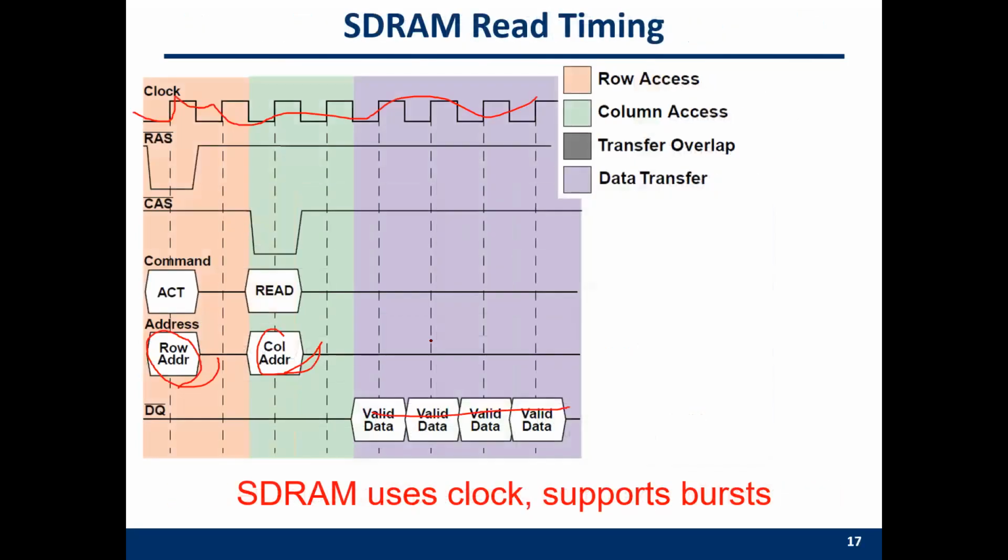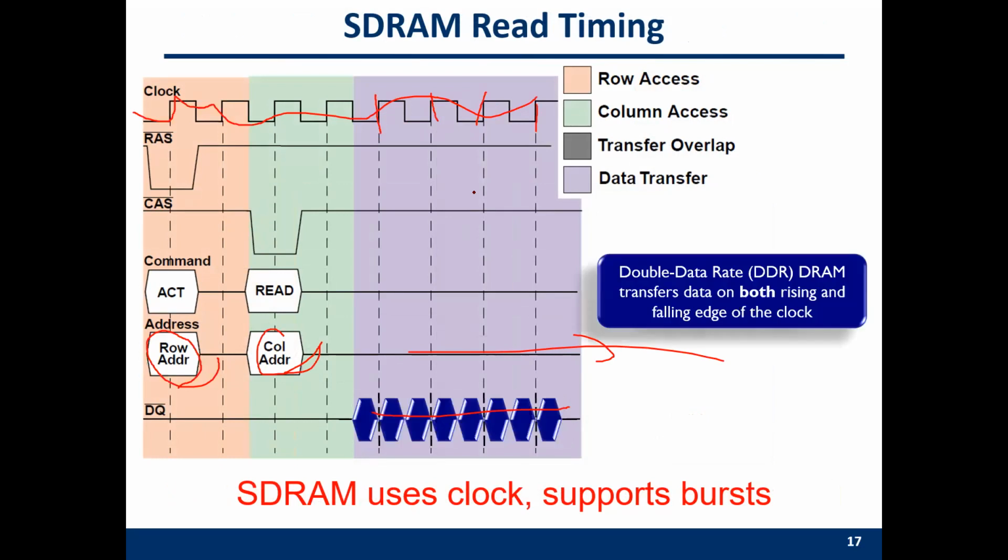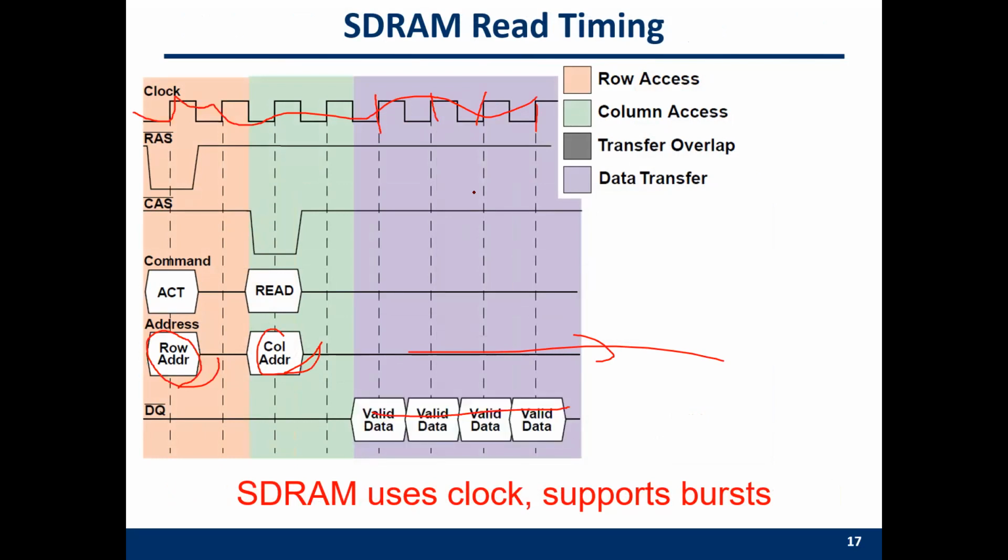You can just say, okay, I want several consecutive bytes, and then it will give you all the data here. You can see that the data bus pumps the data at the rising edge of the clock. It's slow because you can only utilize the rising edge.